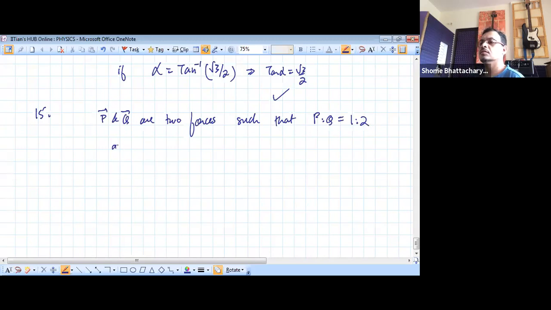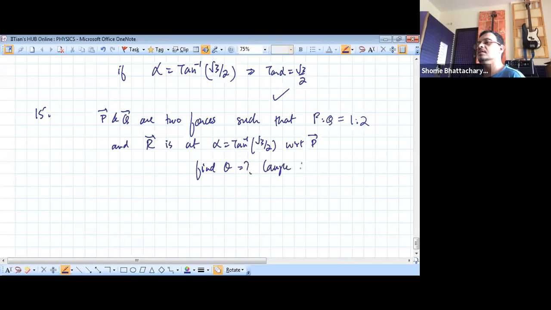And if the resultant is at some angle alpha equal to tan inverse root 3 by 2 with respect to the vector P, we have to find theta, that is the angle between P and Q.